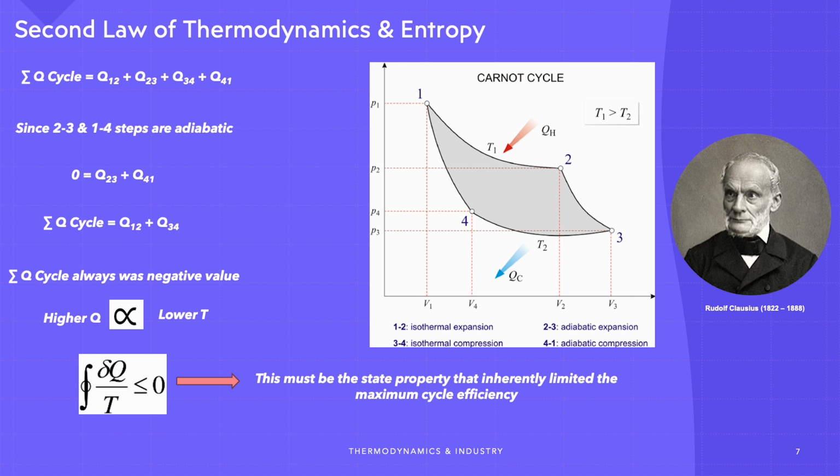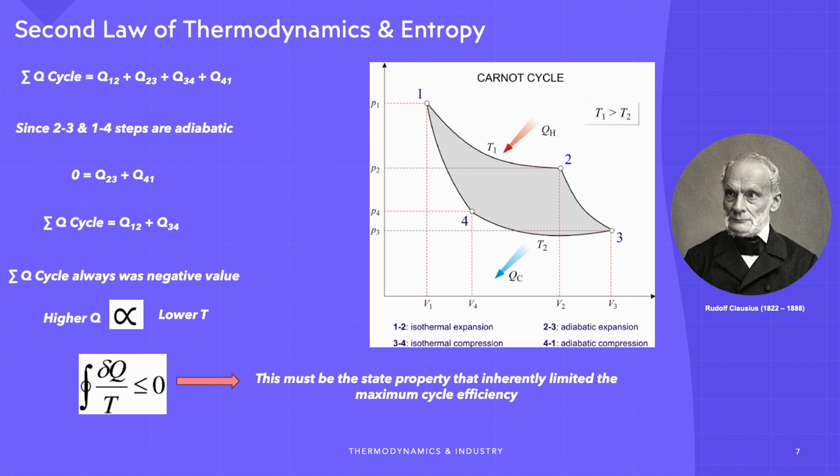The first one is no matter how many configurations or pathways to experiment with Carnot cycle, the sum of heat across the Carnot cycle always has to be negative. The second observation was the higher heat always flows through the lower temperature level, aka the heat sink temperature always has the higher heat flow.